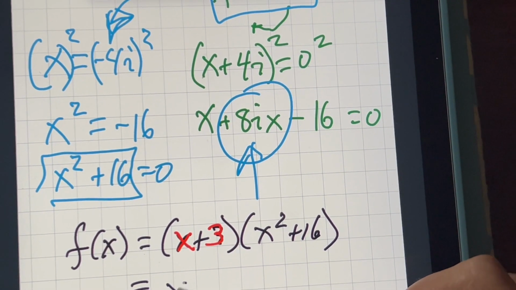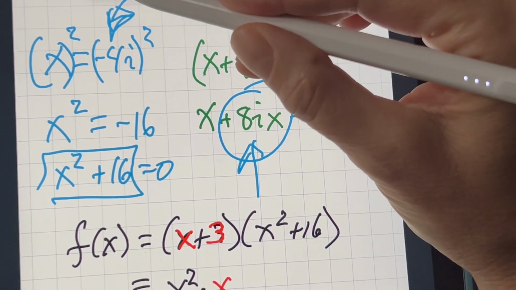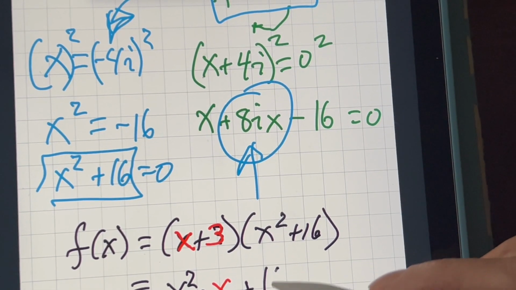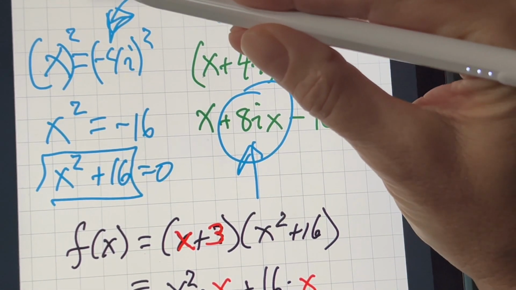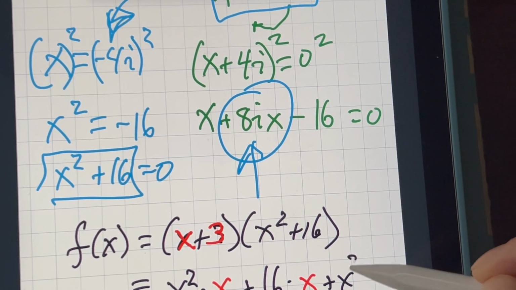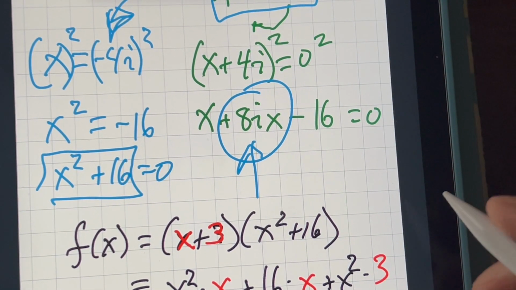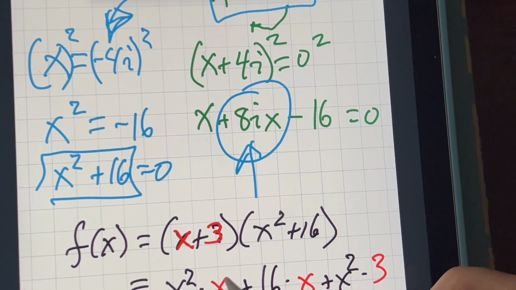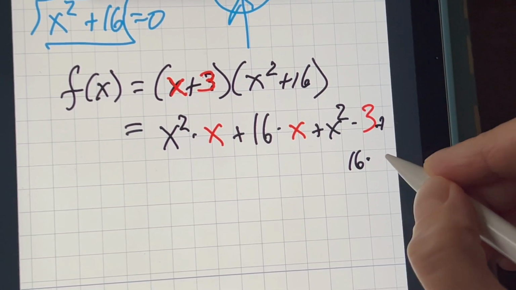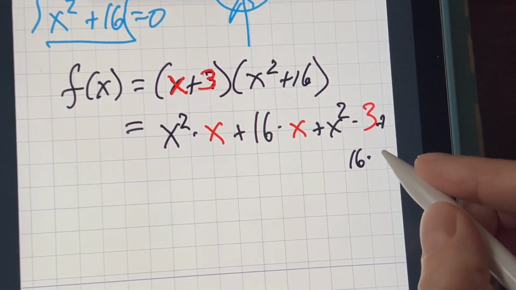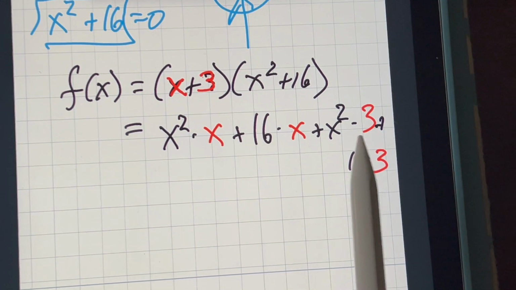You're going to have x squared times x, plus 16 times x, plus x squared times 3, I'm running out of space here, 16 times 3.